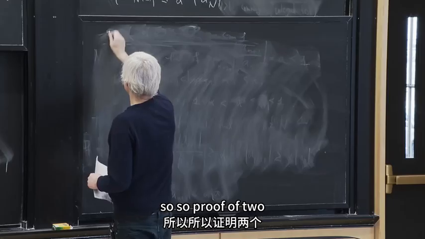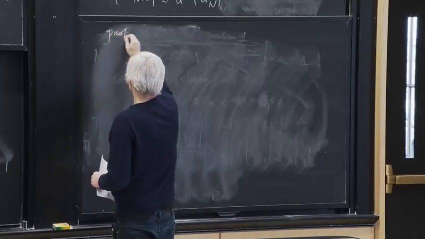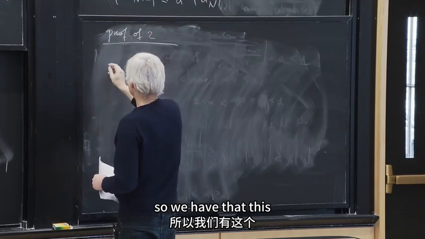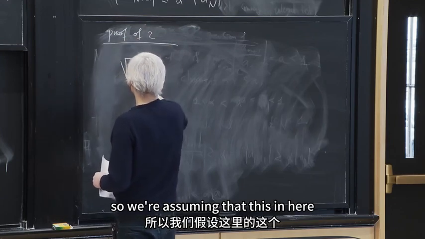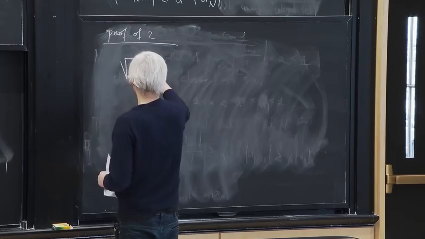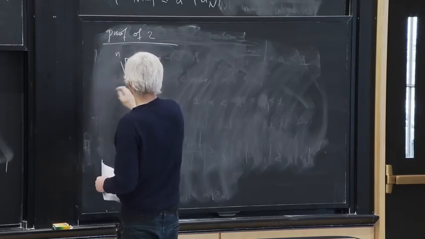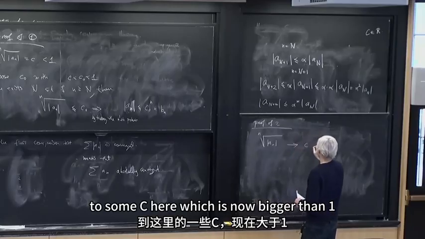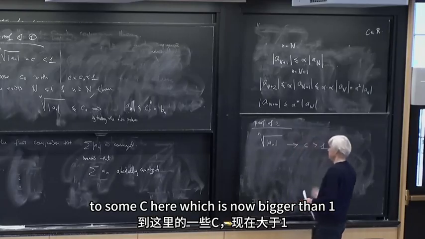So proof of 2. We're assuming that this thing here converges to some C, which is now bigger than 1.